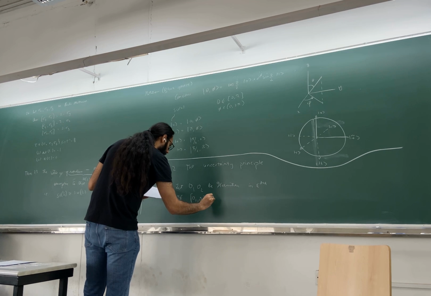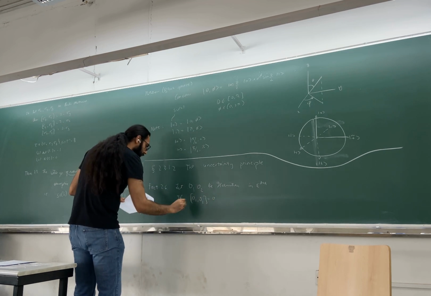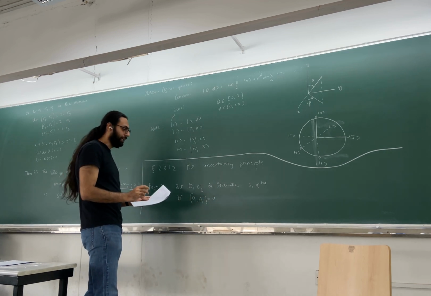Now, if O1 and O2 commute, this is a well-known fact, then there's a single basis that diagonalizes all of them, right?